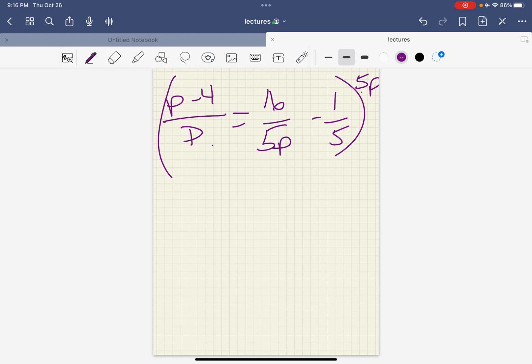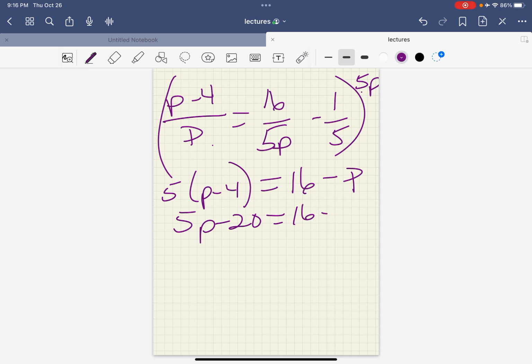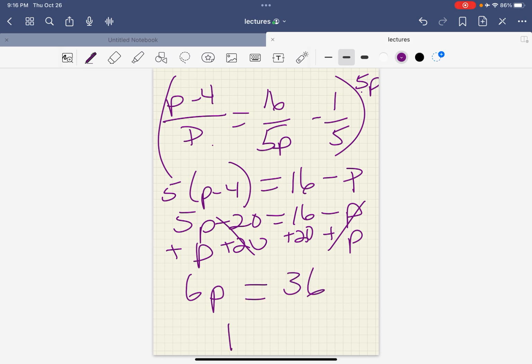So the P's cancel, I get 5 times P minus 4 equals 5P cancels 16 minus P, so that's 5P minus 20. And then if we add P, add 20, so that'll be 6P equals 36, and that means P is going to be equal to 6.